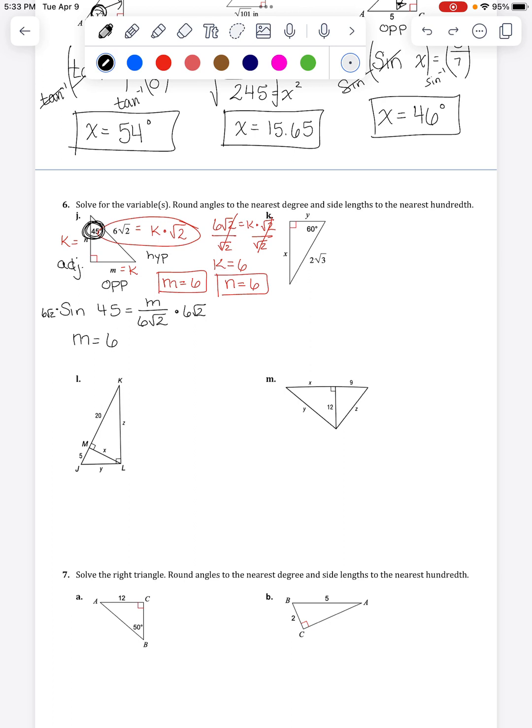Same idea on n. If I had done trig, I would have done cosine of 45 equal to n over 6 square roots of 2, multiplied both sides by 6 square roots of 2, and n would have been 6. I don't care which way you solve it.